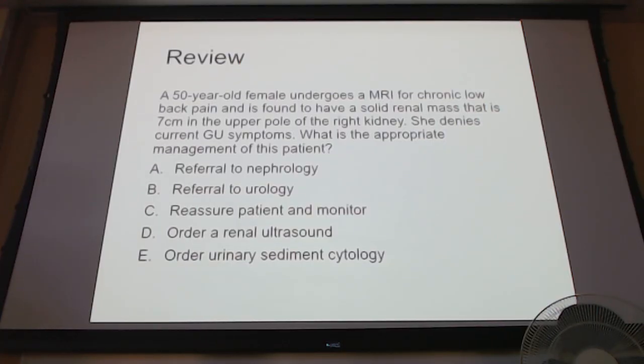The reason E is wrong is, it's a 7-centimeter mass in the upper pole of the right kidney. What is it probably? What kind of cancer? Renal cell carcinoma. Is ordering a urine cytology part of any workup for renal cell carcinoma? No. Urothelial carcinoma, yes, but not renal cell carcinoma. So that's why that's wrong.